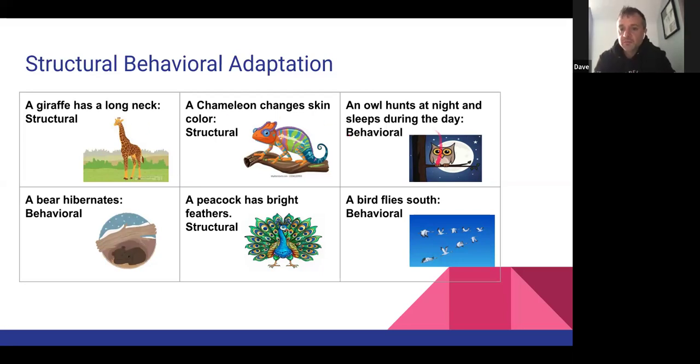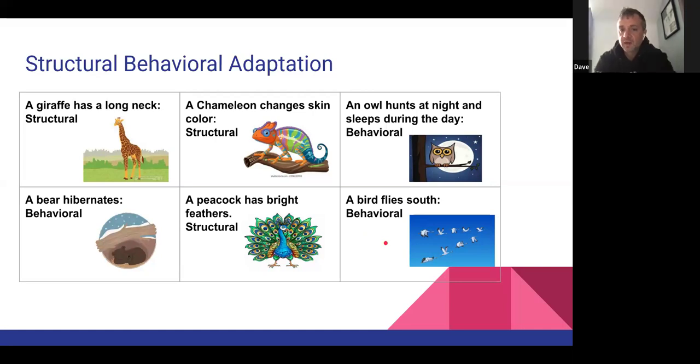And then behavioral. So this one, the owl, he's outside at night, all right? Behavior is different. Now that goes along with structural, but it's behavioral. Hibernation, we talked about that, behavioral. Now peacocks, if you see these giant feathers behind, that's structural. They have bright feathers and they open them right up and it's very big.